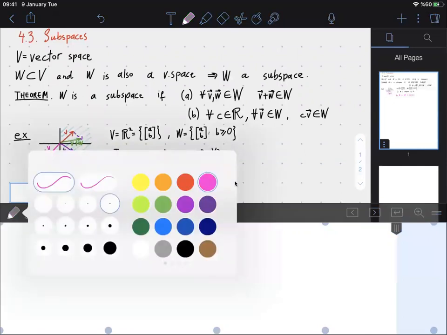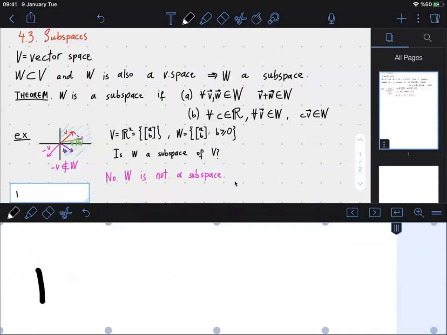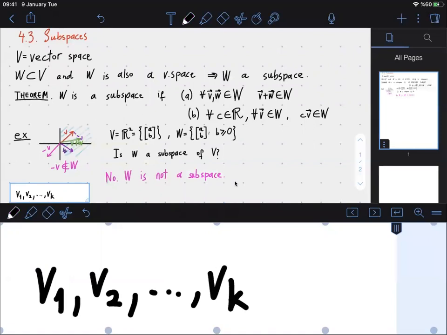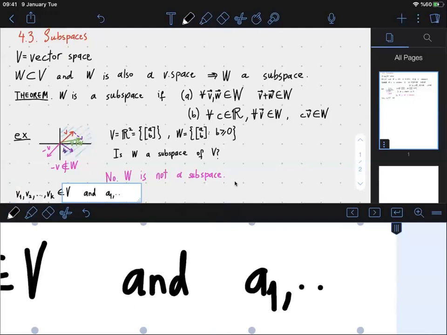linear combination, right? So we take some vectors, v1, v2, up to vk. So we take k of them. These are vectors in a vector space. And we have some scalars, let's call them a1 to ak.